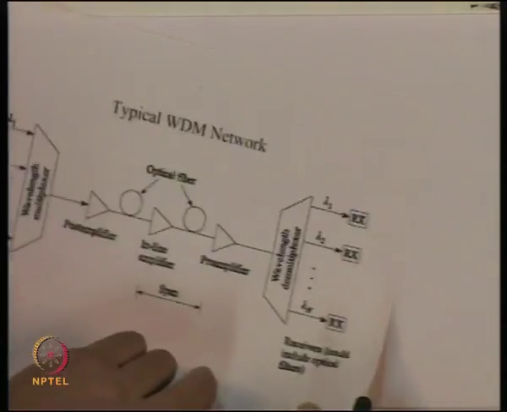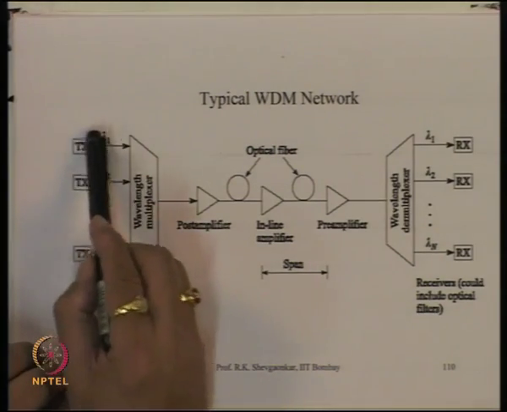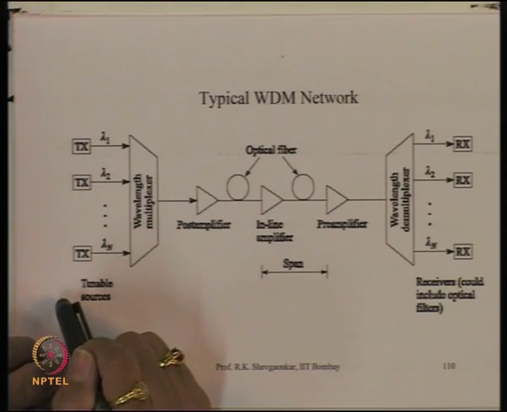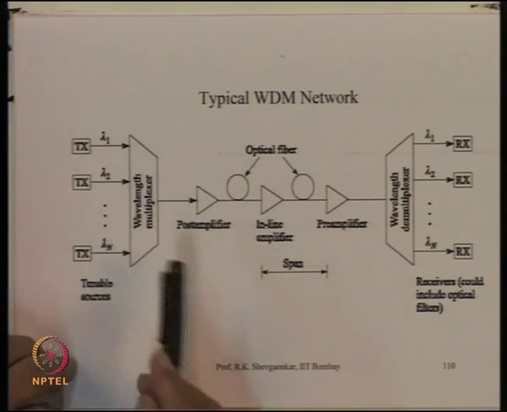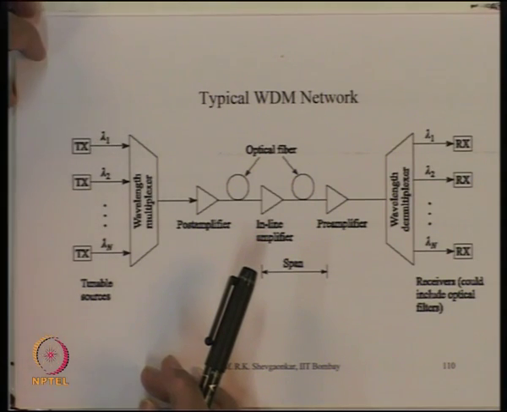Once you have this, a typical WDM network would look something like this. We have a transmitter which operates at a certain wavelength, let us say lambda 1. And when I say a transmitter here, there may be a whole network behind this.